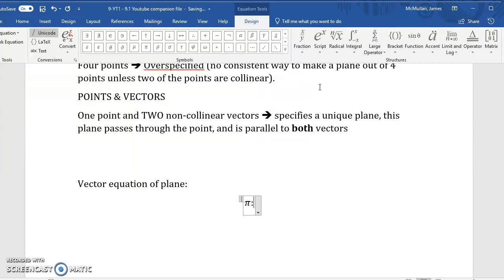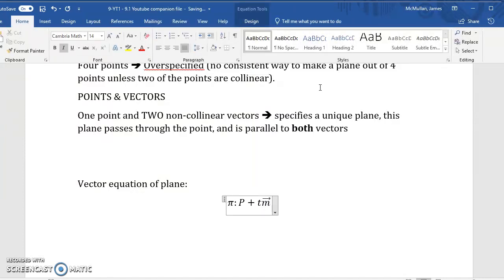Pi is usually the name of a plane, is equal to a point plus a certain amount t of direction vector 1 plus another amount m of direction vector 2.